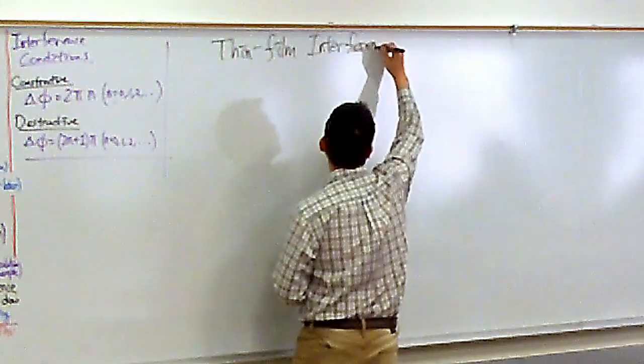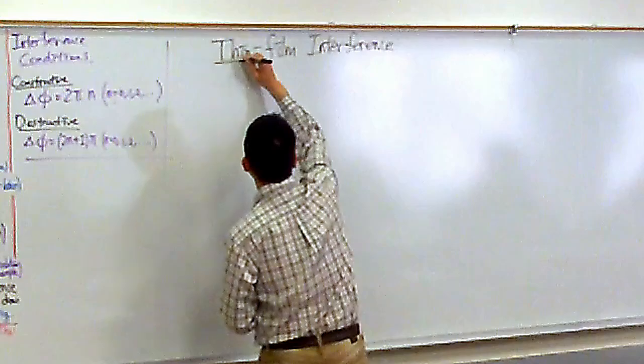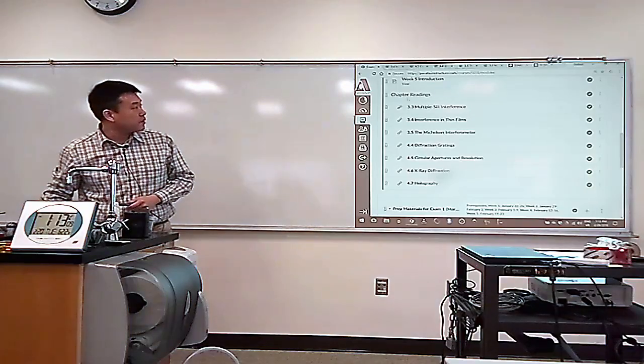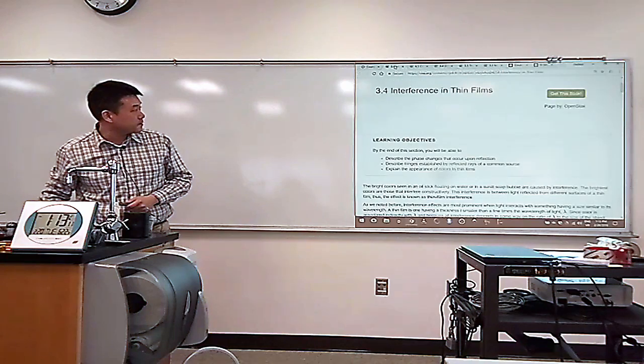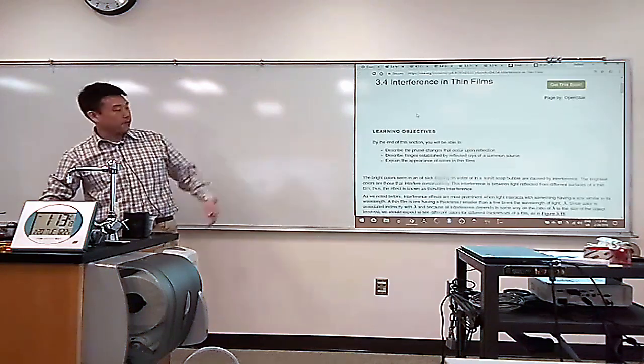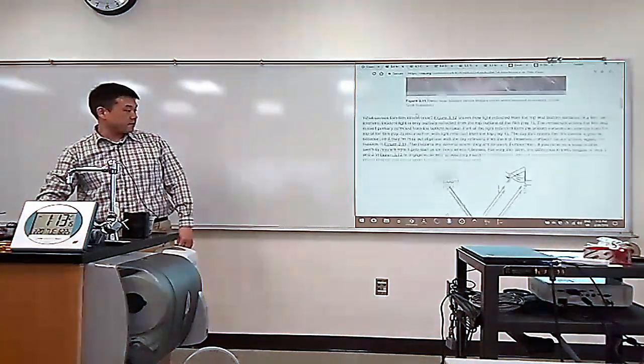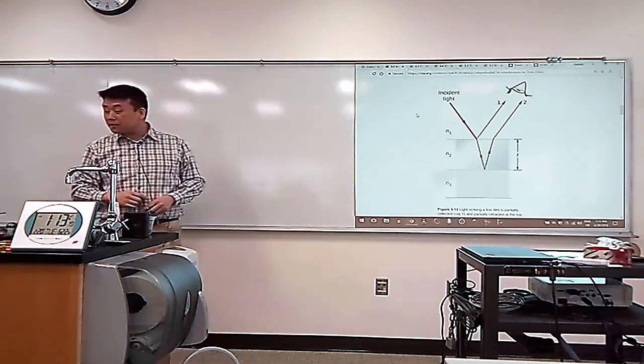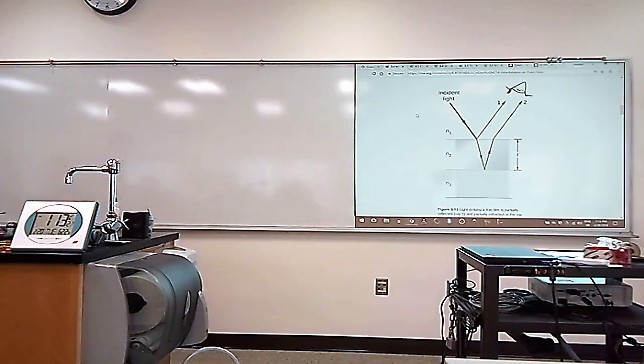And if you want a diagram, there's a good diagram of thin film interference in your textbook, 3.4. This is the picture I want you to have in mind. Let me simplify some things in this picture so that you don't have to worry about them unnecessarily.